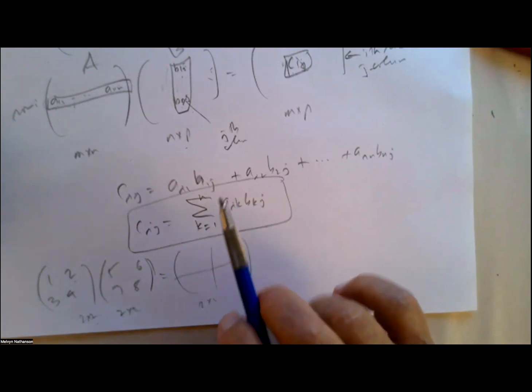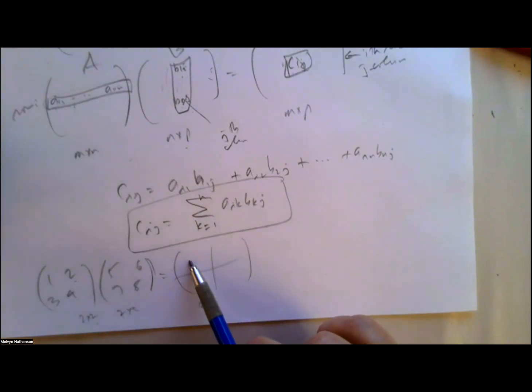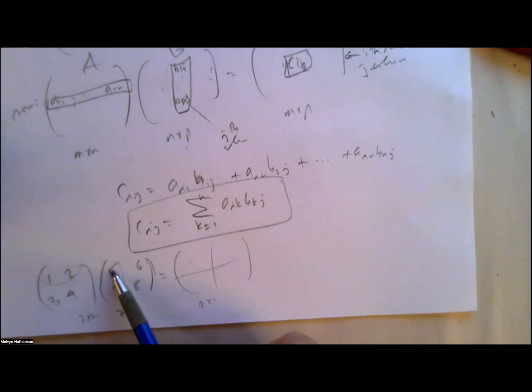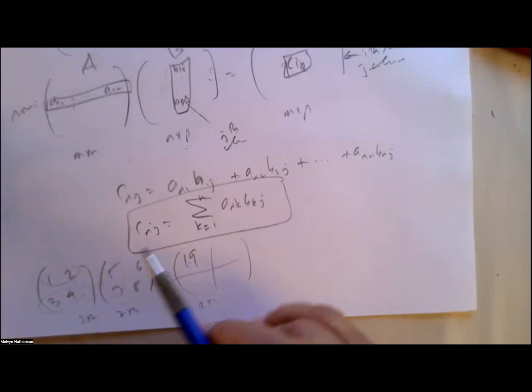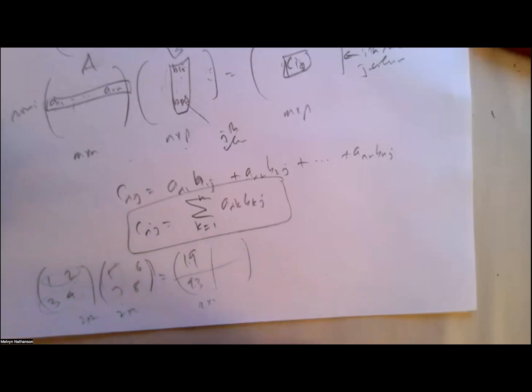So there's what goes into the first row, first column of the product. You take the first row times the first column. 1 times 5 plus 2 times 7 is 19. For the second row, first column, you take the second row times the first column. 15 plus 28 is 43.